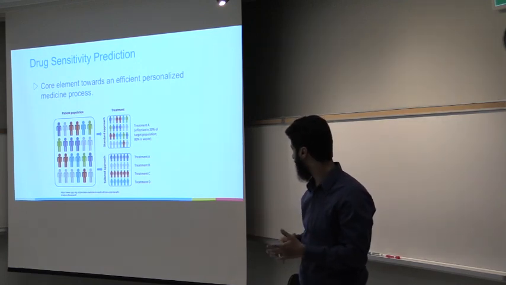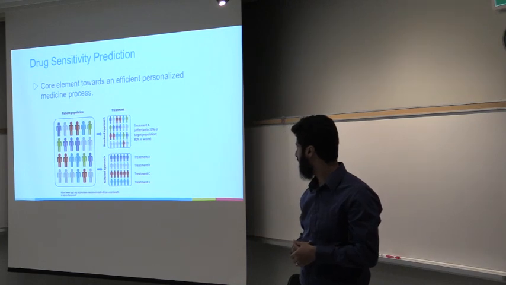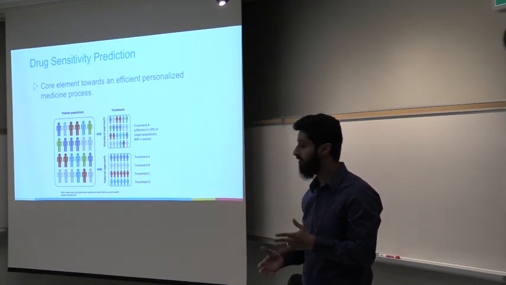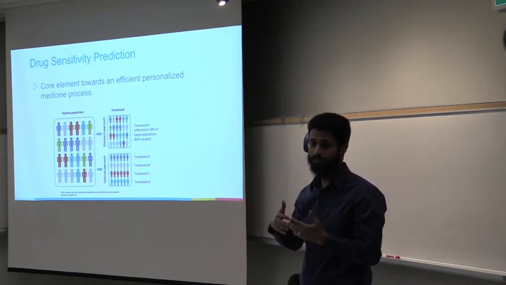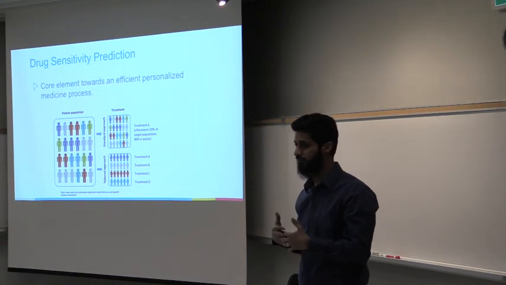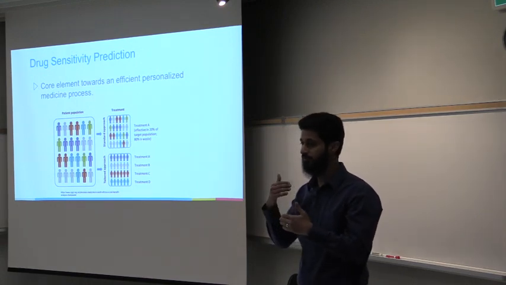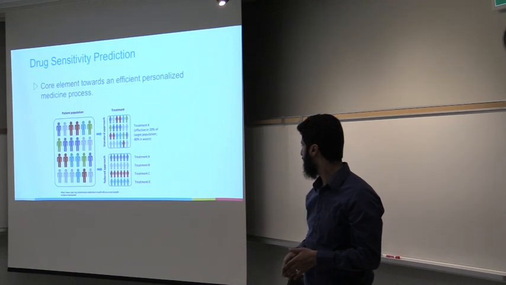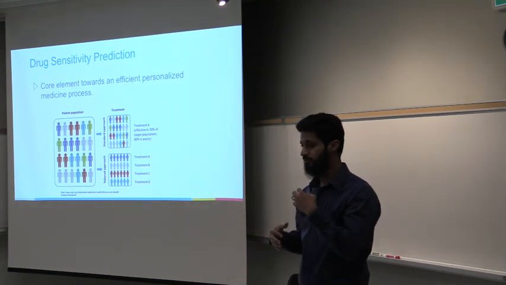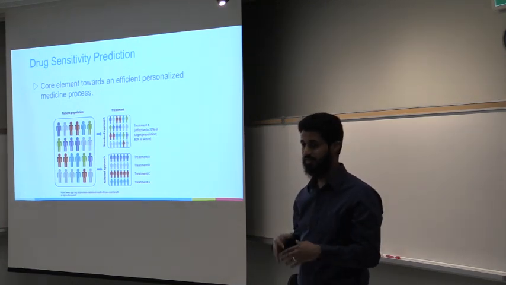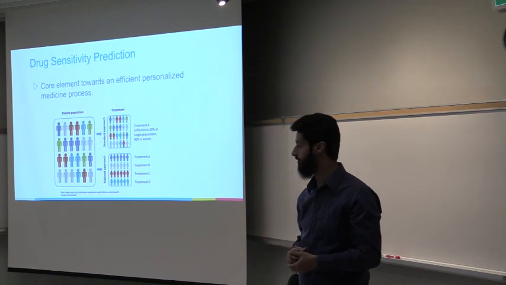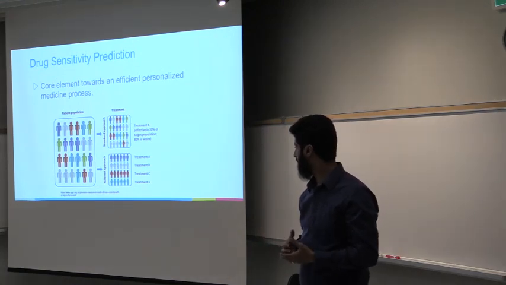That's what we have seen in several studies. The rest of the population are either going to have no benefit or, even worse, they might have some severe side effects. So it's important to know which drugs should be given to which patients, and that's the core of personalized medicine.